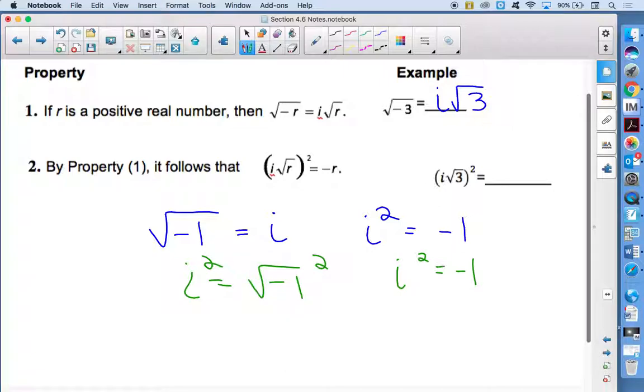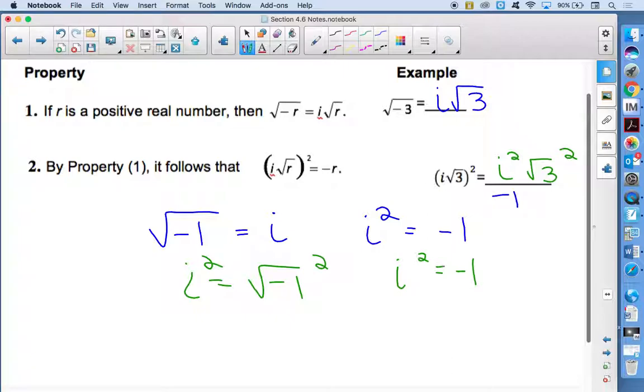If you look at property 2, it says by property 1, it follows that i times the square root of r, squared, is equal to negative r. So if I have i times the square root of 3, squared, you would have i squared and the square root of 3 squared. You're squaring both pieces. So, Ethan, what is i squared?